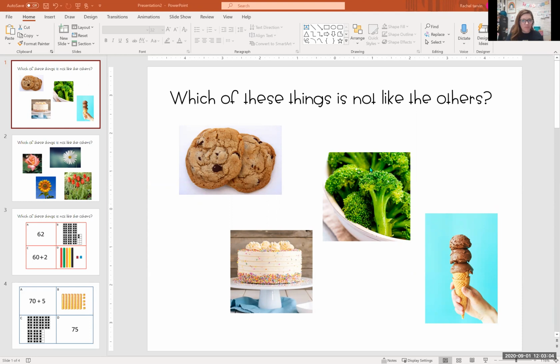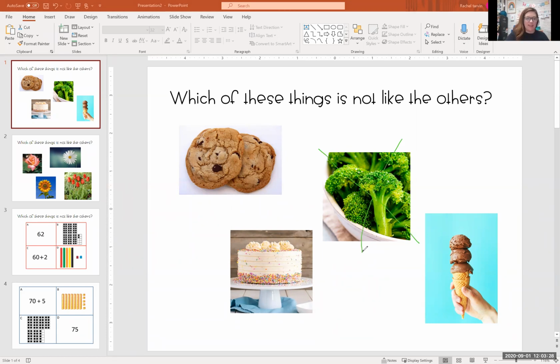Let's look. We've got cookies, a cake, broccoli, and ice cream. Which one of these things is not like the other? Let's see. Oh, I've got an idea. I know how I can explain this. I think that broccoli is not one of these items.